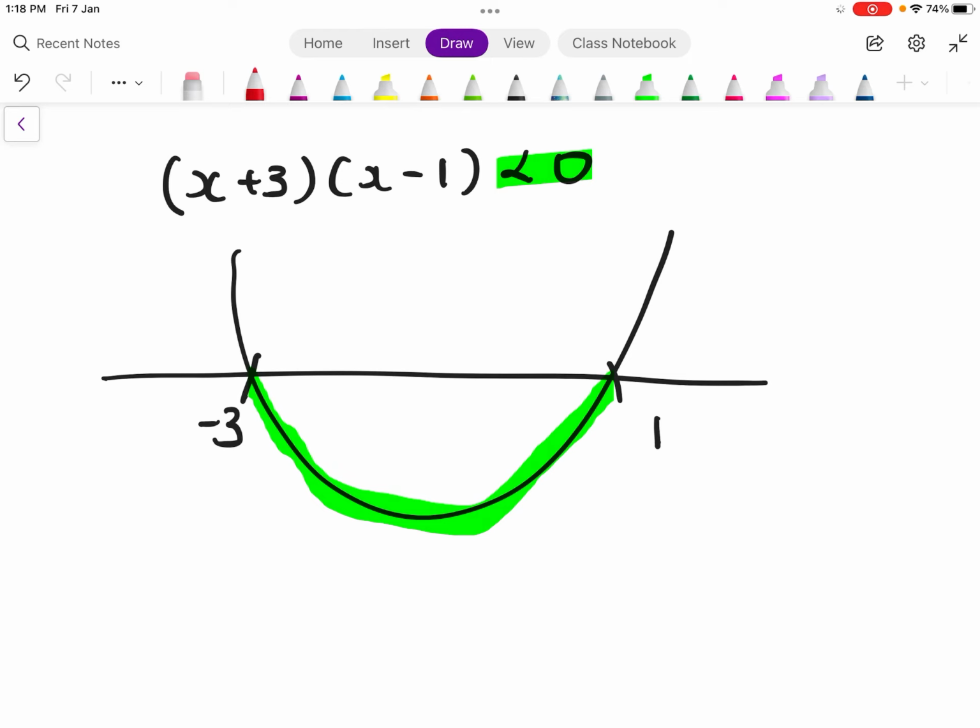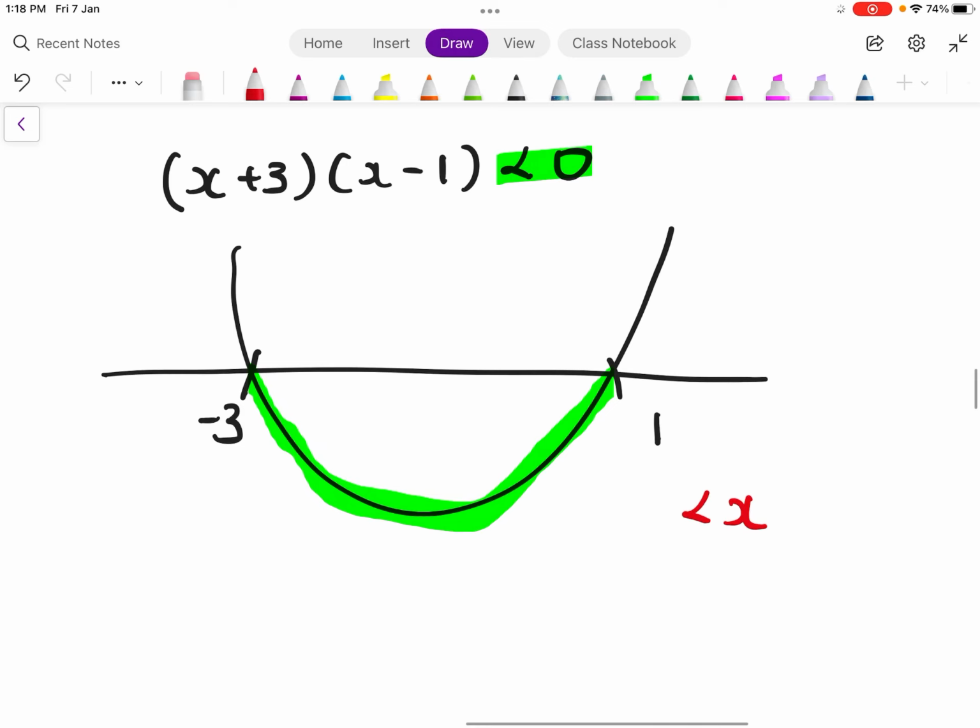In order to fulfill this green shaded region, you must ensure that x is more than negative 3, because for this part you are getting bigger than negative 3. But there's also this part, so x must be less than 1, because for this portion you are getting lesser and lesser than positive 1.